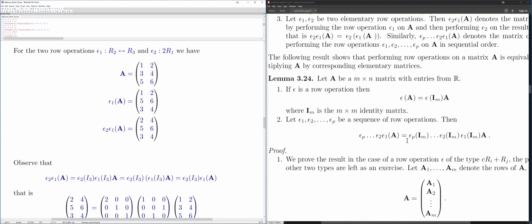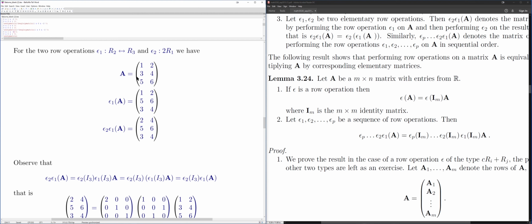Now if I have more than one row operation, I can actually do the same thing. So here I have a matrix A, and I'm going to apply a sequence of row operations. I'll give you an example over here. The sequence consists of two row operations.